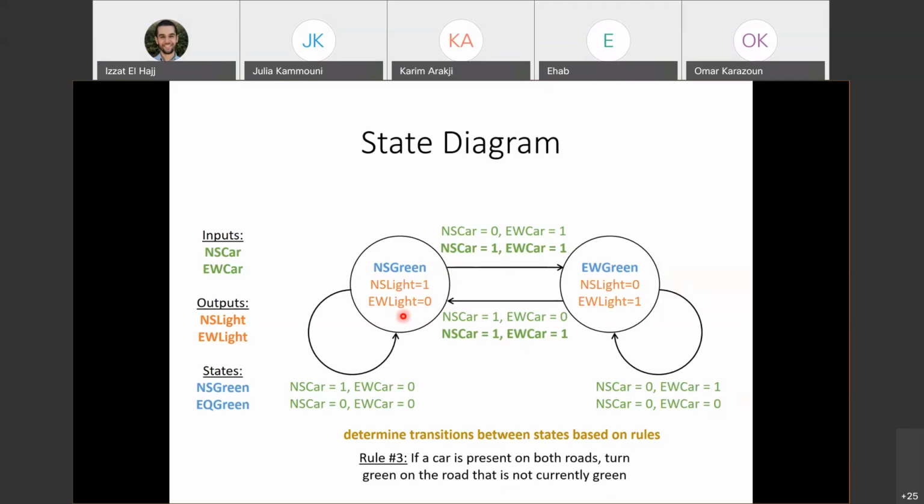Okay, so now before I implement a circuit that fulfills this state diagram, I'm going to assign a binary value to each state. So in this case, I have 2 states. So how many bits do I need to represent 2 states?